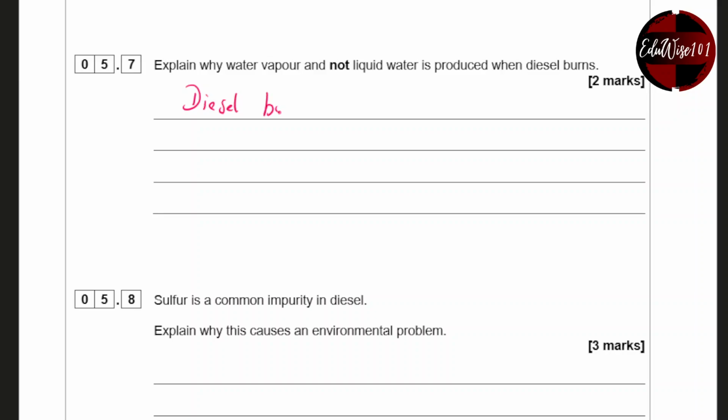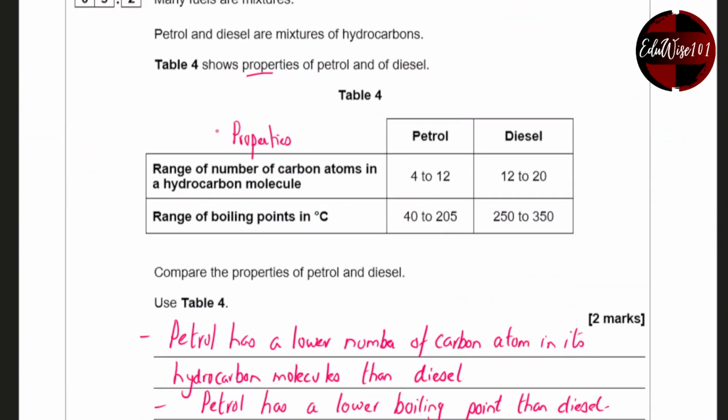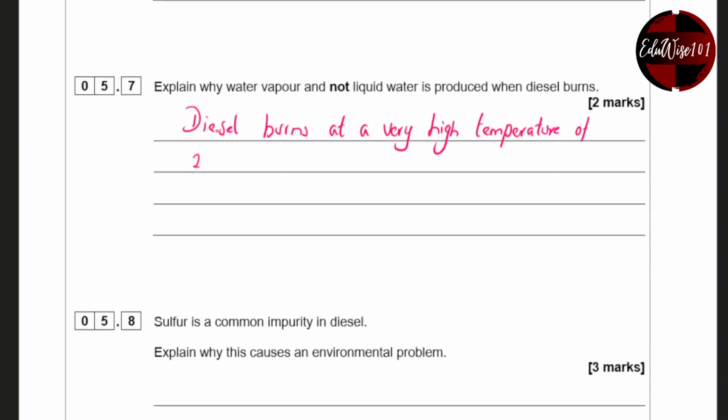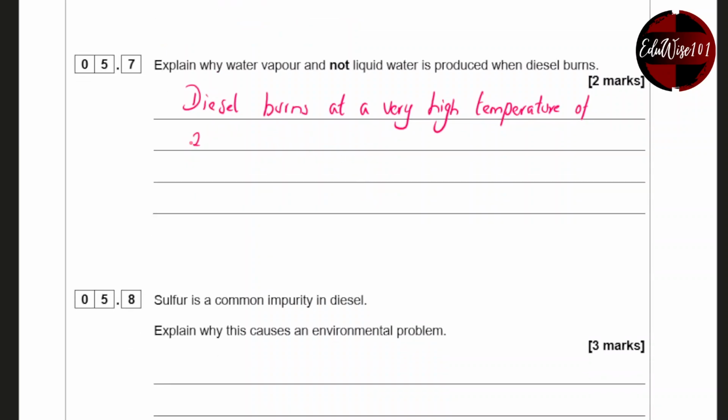So diesel burns at a very high temperature of 250 degrees Celsius to 350 degrees Celsius, right?